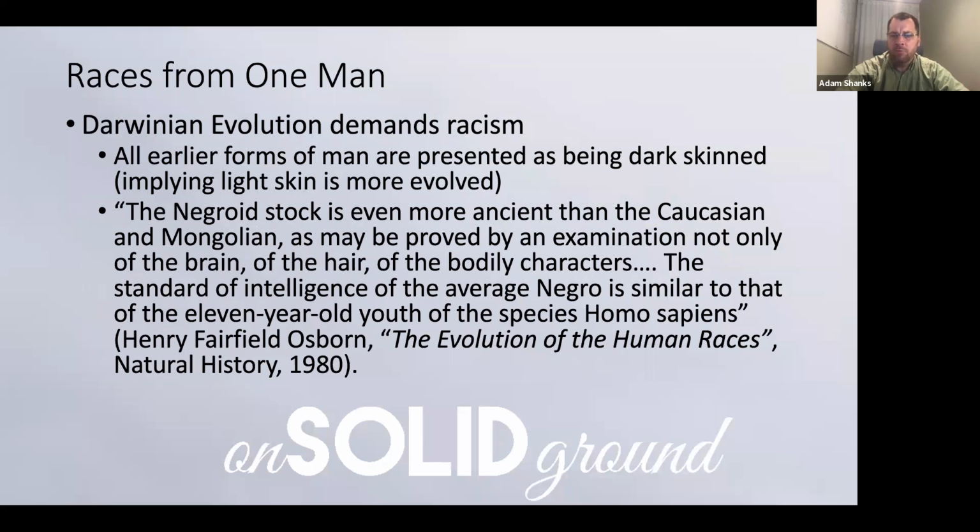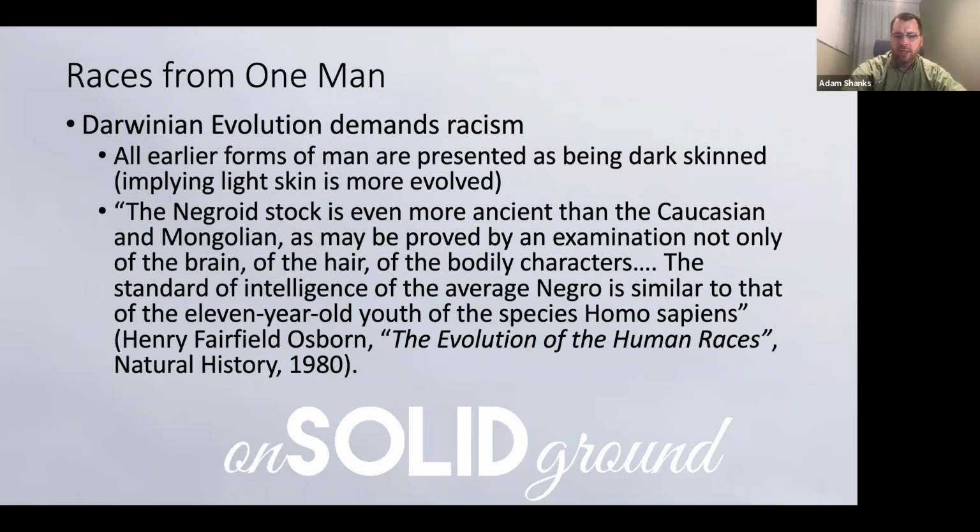One of the problems with evolution is that evolution has presented a fairly racist view of the way we should view humankind. Because if you ever look at all of the pictures, whenever they draw an ancient transitional form, he is never Caucasian. He's always dark-skinned or medium-skinned.